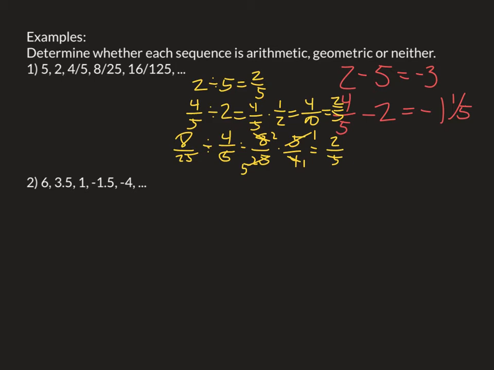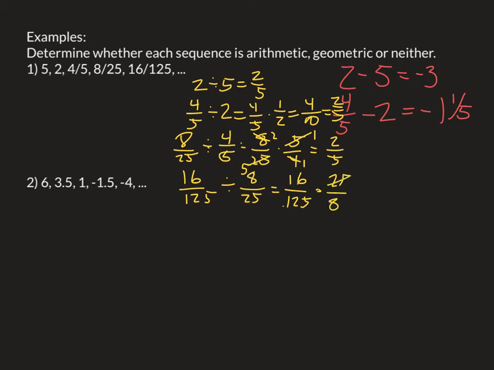Cool. And then we'll do the last one here, 16/125 divided by 8/25. When we divide fractions, it means we multiply by the reciprocal. The reciprocal of 8/25 is 25/8.